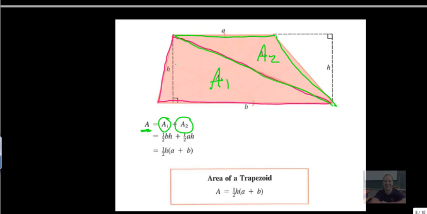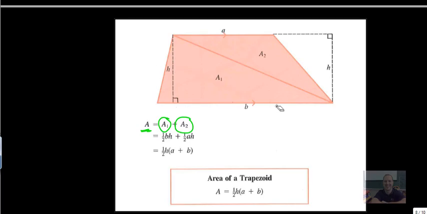Of course, what we know about triangles is that the area of a triangle is 1/2 base times the height. So for this triangle 1, the area is 1/2 of b times h.